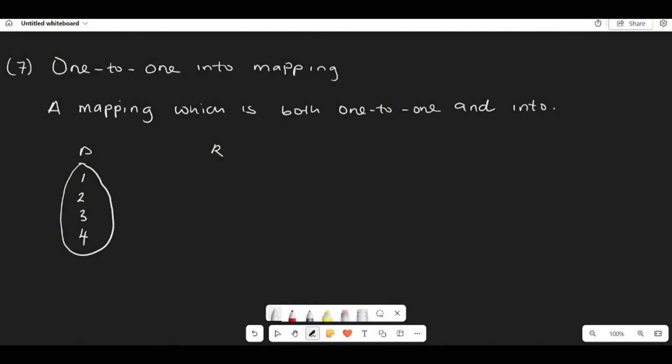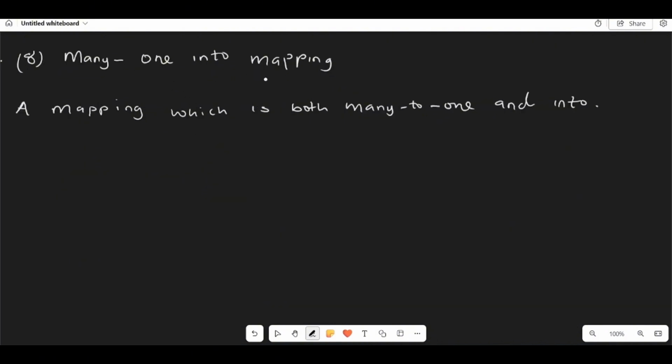Our range is A, B, C, D, E. 1 is mapped with A, 2 is mapped with B, 3 is mapped with C, and 4 is mapped with D. This is one-to-one mapping because every element in the domain is mapped with different elements in the range, and it is into because there is an element in the range that is not associated with any elements in the domain. So it is one-to-one into mapping.